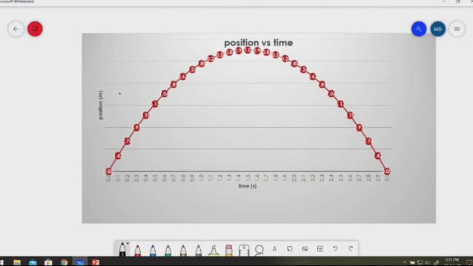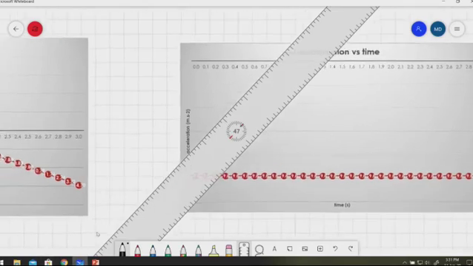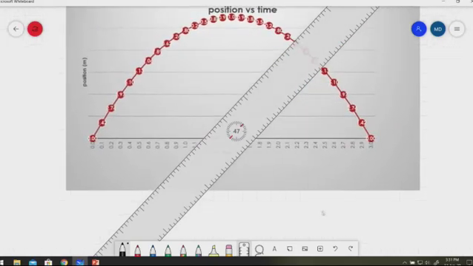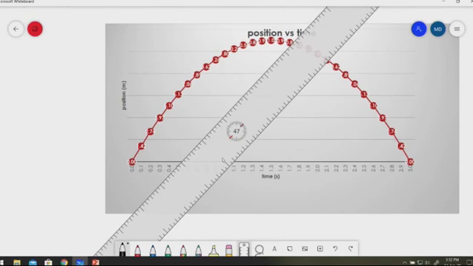Right. So the first thing we could do from this position versus time graph is be asked to calculate a velocity at a specific point. Now, this is not the easiest thing in the world to do, especially when you are not able to differentiate at a point.